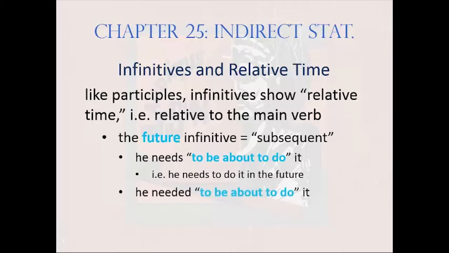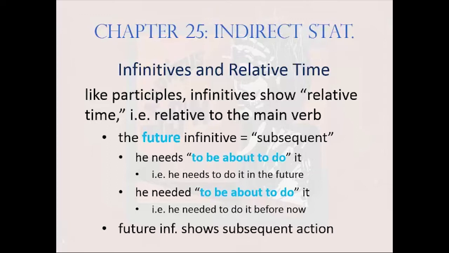If you make the main verb past tense, he needed to be about to do it, meaning he needed in the past, yesterday, to do it so that it was done by now, today, you can see that the so-called future infinitive is now happening in the past, actually subsequent to the past, between the past and the present. By being past tense, the main verb has dragged it back there.